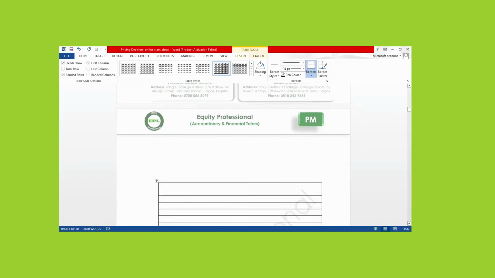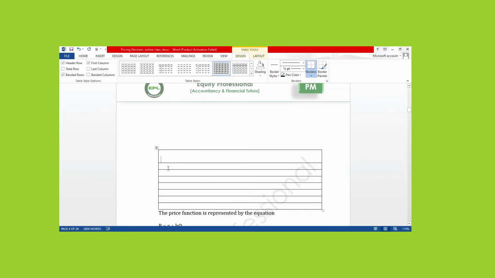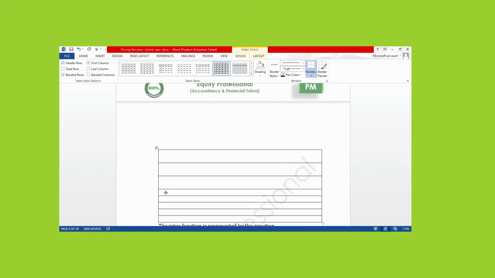If you are trying to get a selling price that maximizes the company's profits, then you are going to equate marginal revenue to marginal cost.